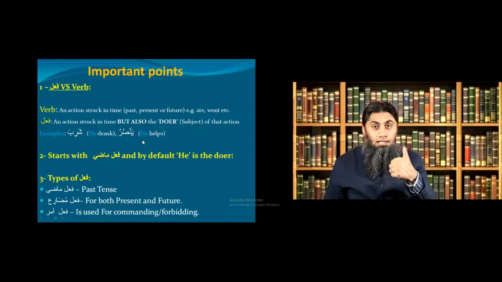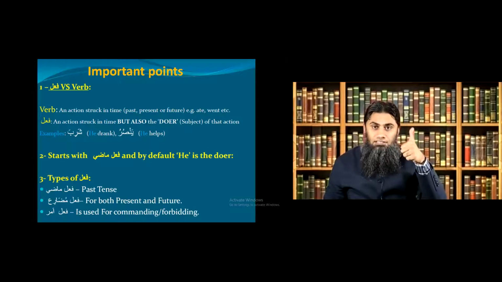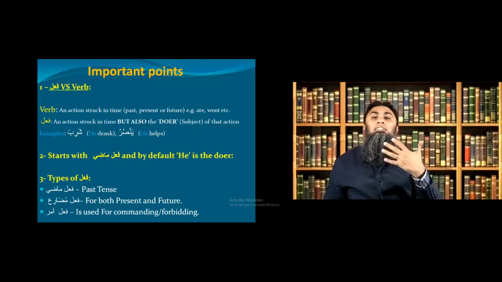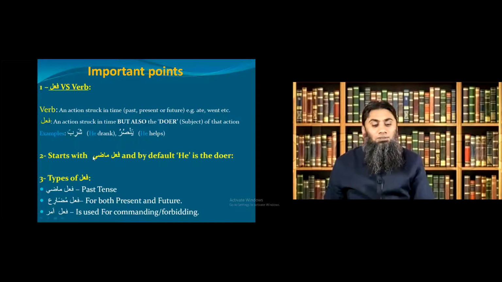So the action is helping, the tense is present, but he as well, who is the doer. So inside yansuru there's a built-in he as the doer. Clear? So the Arabic term fail covers three things: action, tense, and the doer of that action built into this fail. Inshallah, how is this built in? How can we change the doer? All of these things will be coming in this module.